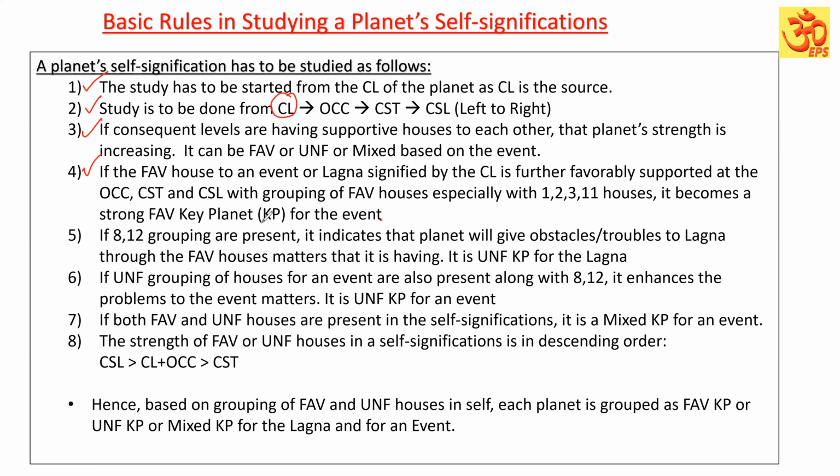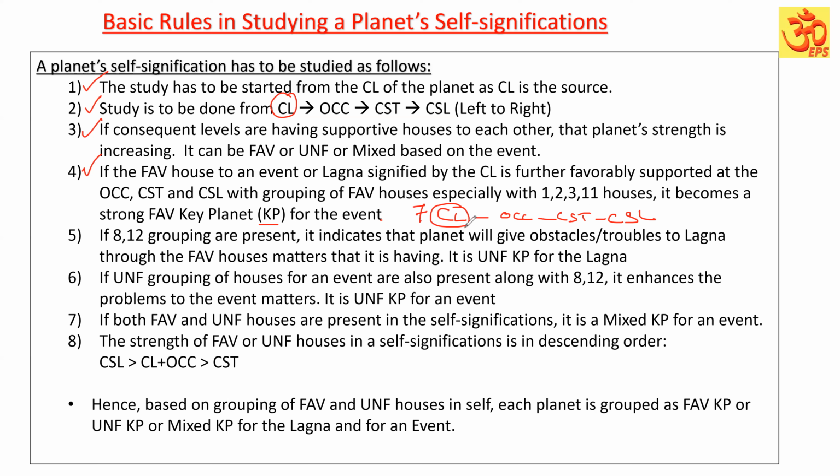What I'm saying: CL, OCC, CST and CSL. If the CL house, for example, is a favorable house for an event, suppose for the event of marriage it is having the 7th house or 11th house or 5th house in CL, that is the favorable house it is having in the CL, as owner of the particular house. Suppose it is occupying the 11th house, 2nd house or 5th house, which all favor 7th house matters.